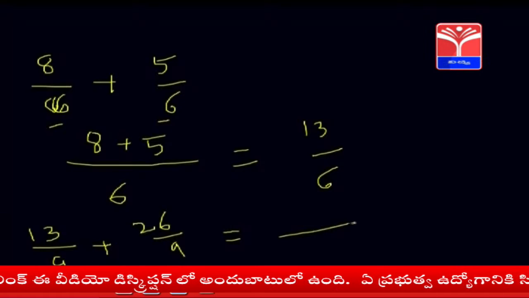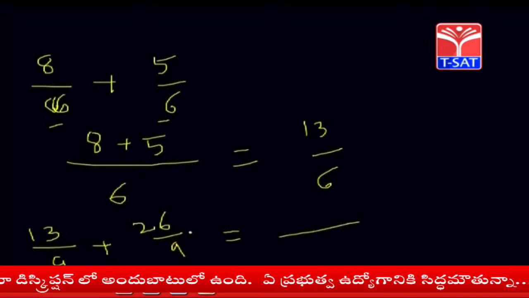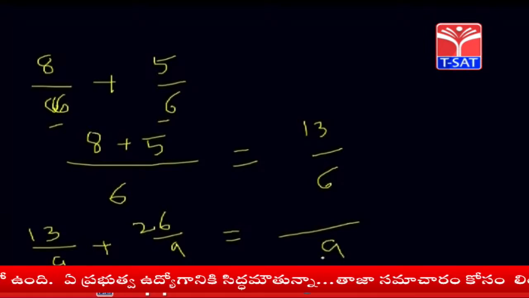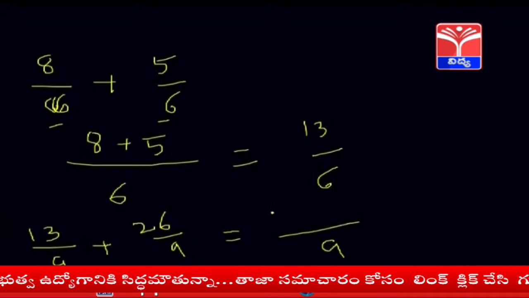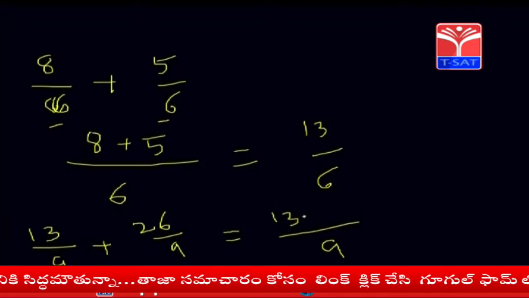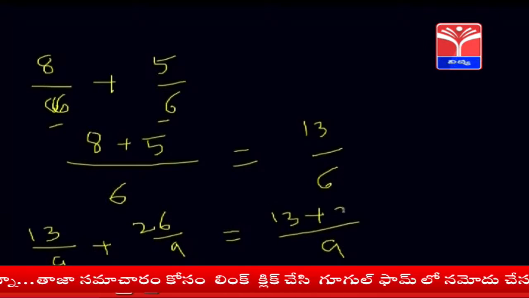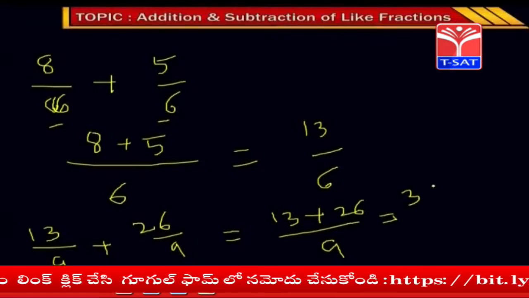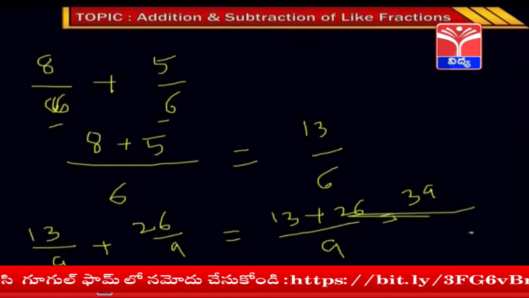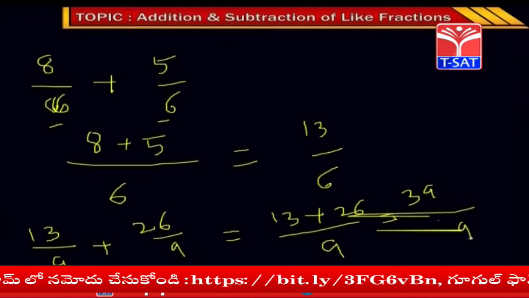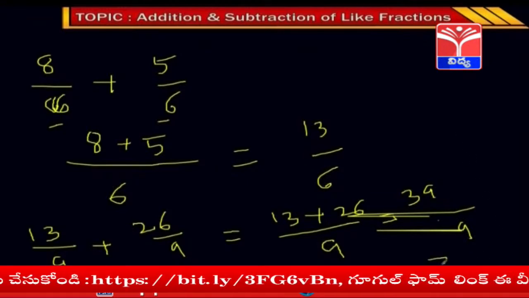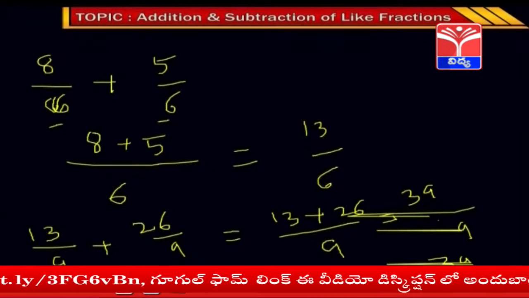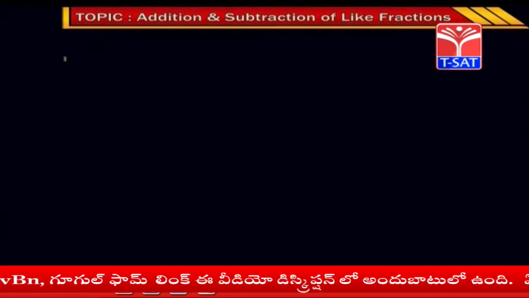When we are adding 13/9 and 26/9, we are writing the same denominator and we are adding numerators from those fractions. 13 plus 26, that gives 39/9. Okay.